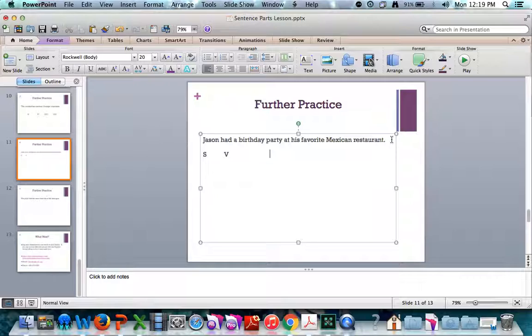Party is our direct object. Birthday could be considered an adjective because it's describing the type of party. And at his favorite Mexican restaurant could be our adverbial phrase because it's answering where.